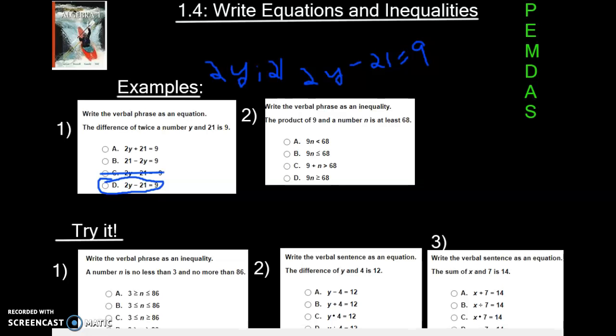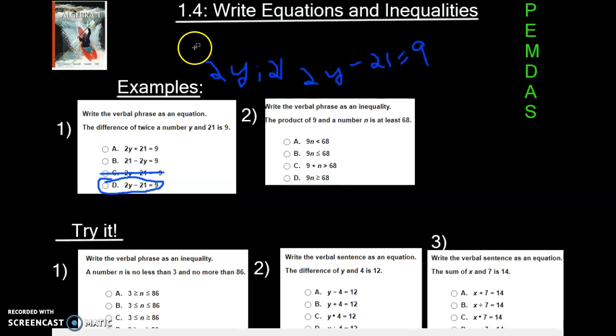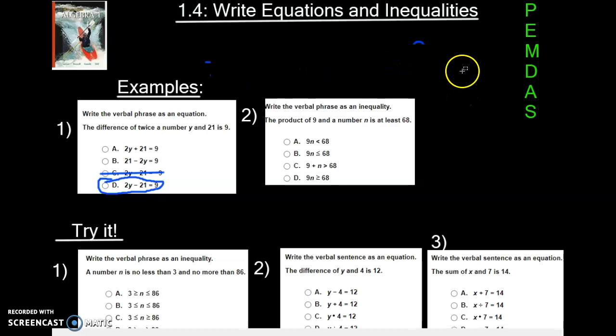Alright, let's move on to the next one. Let's just get some space over here. They say, write the verbal phrase as an inequality.